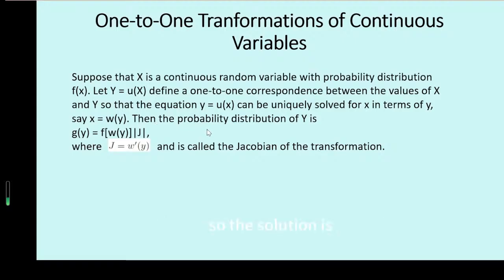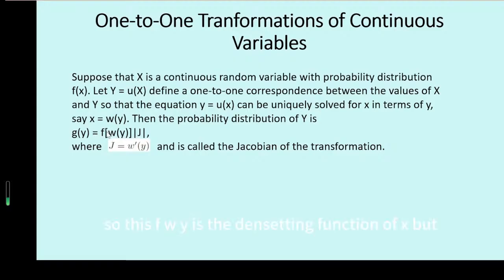So the solution is the probability distribution or density of y equals f(w(y)). So f means the probability distribution density of x, but here in the bracket we fill in w(y). So here x uses w(y), the inverse of x in terms of y.